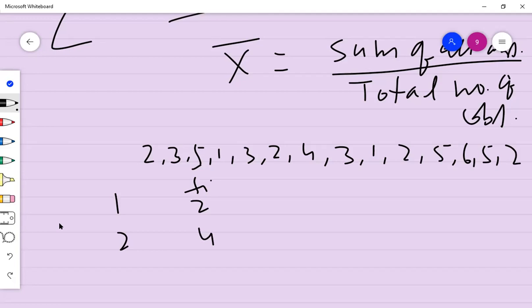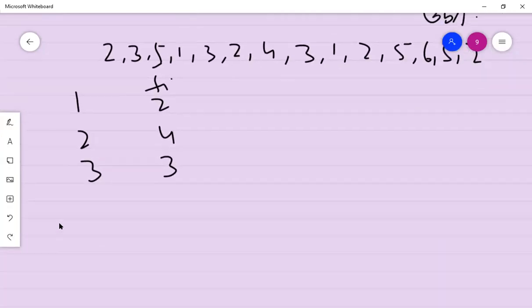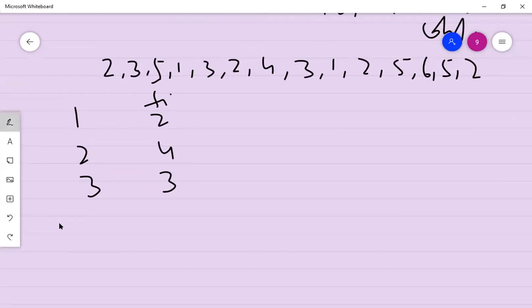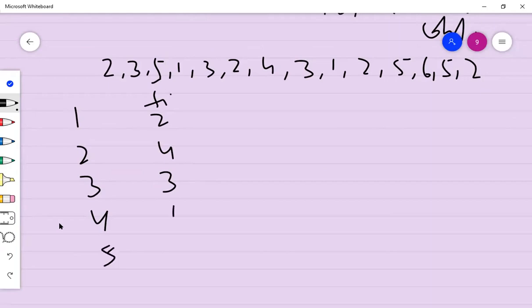3 is coming three times. And 4 is coming one time. 5 is coming 3 times.